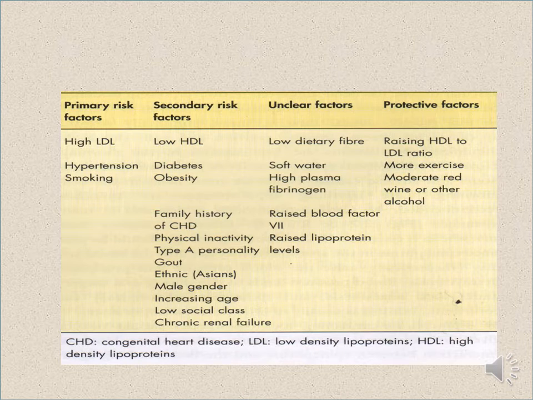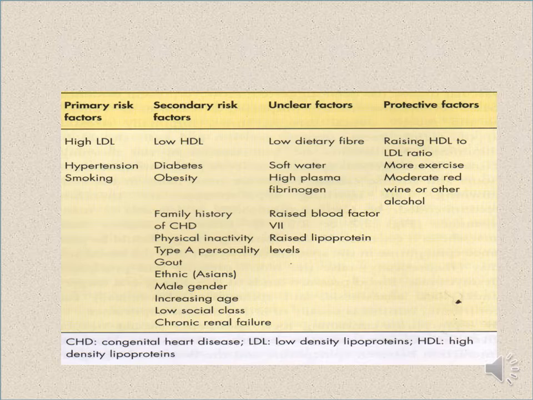The primary risk for ischemic heart disease is high lipid density, low protein. Second, lead to hypertension in smoking. The secondary risk factor, low high density lipid, is diabetes, obesity, family history of chronic heart disease, physical inactivity, type A personality, gout, ethnic and Asian, male gender, increasing age, low social class, chronic renal failure.